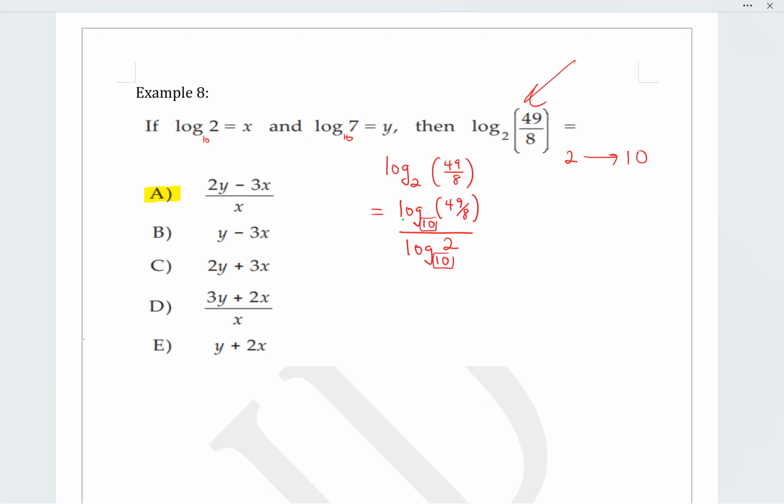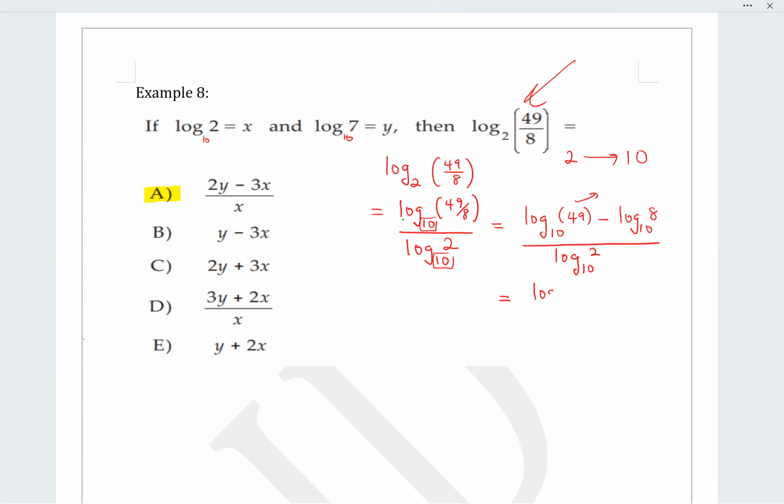Okay, so here now we can simplify this as log to base 10 of 49 minus log to base 10 of 8, divided by just log to base 10 of 2, which is already given. So you can see that things are getting clearer. Now, what is this one?